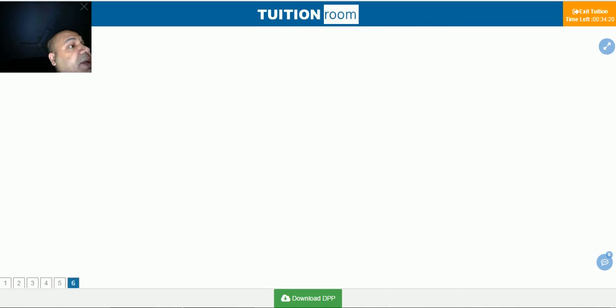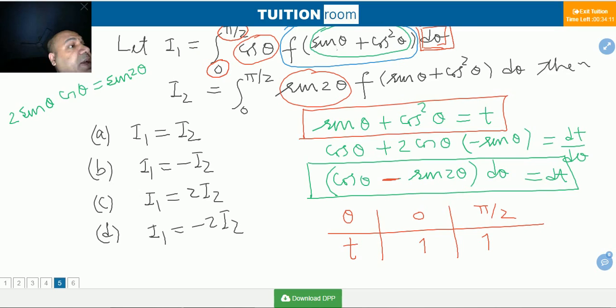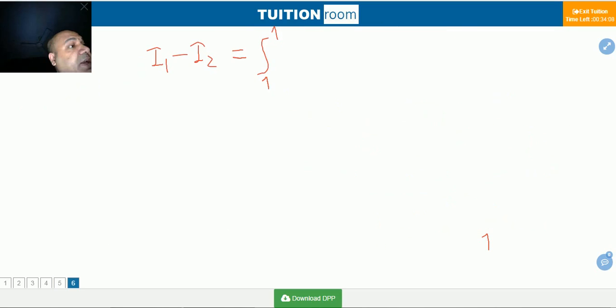Then guys, if we subtract I1 minus I2, we can write the integral from 0 to pi by 2 of (cos theta minus sin 2 theta) into f of (sin theta plus cos square theta) d theta.